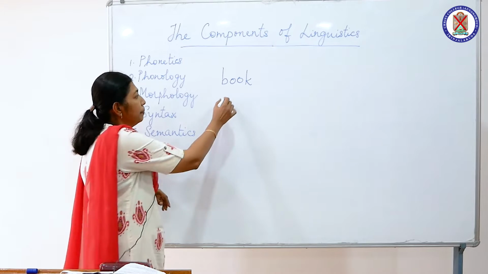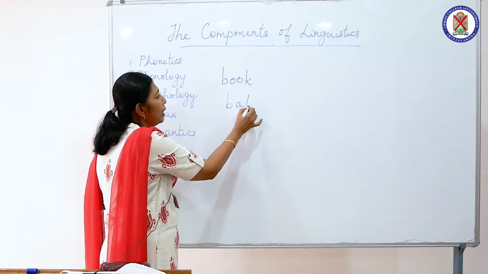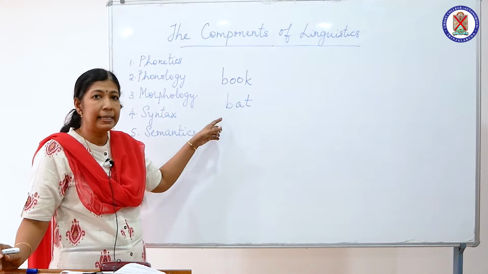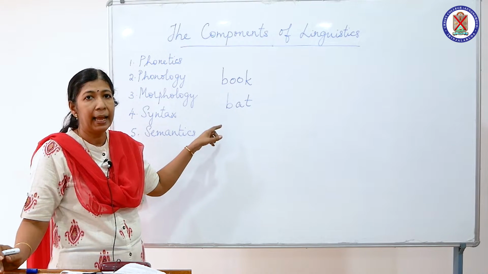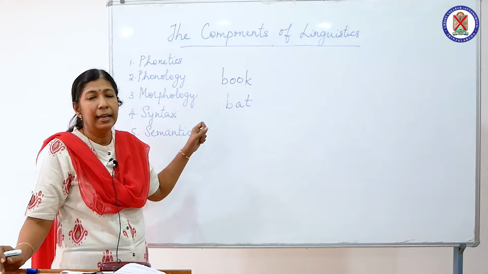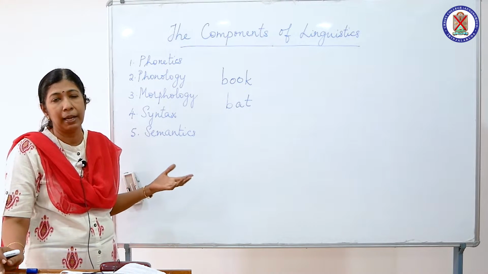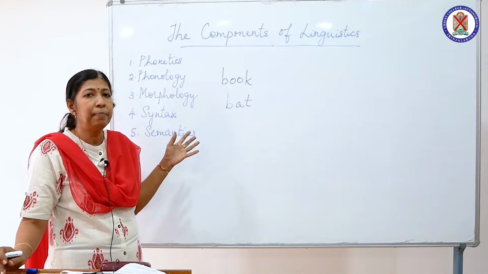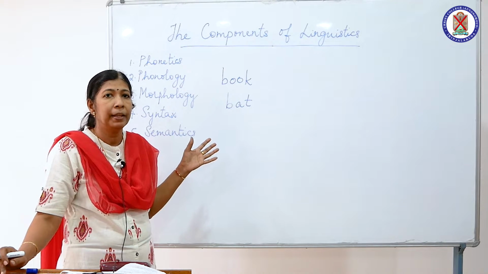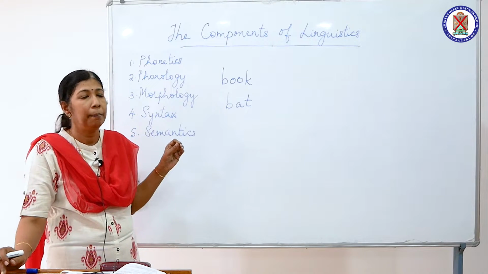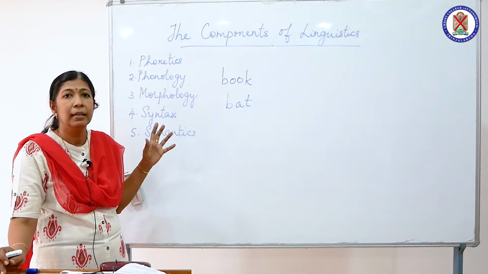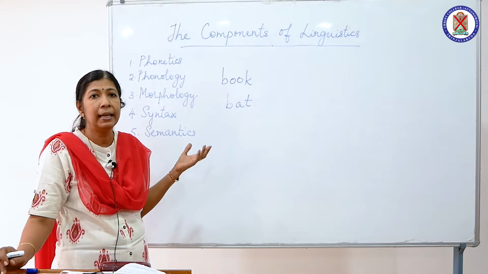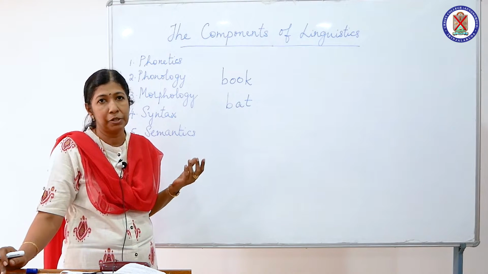For example, if you take a word like bat, we can see that there are 3 letters in this word, B, A, and T. The number of sounds is also 3, B, A, and T. So this is an example for a word where there is a correspondence between the written and the spoken form of the word, that is between spelling and pronunciation.